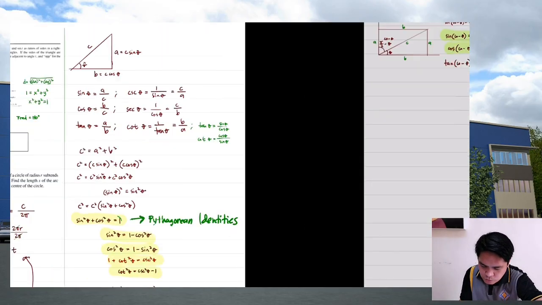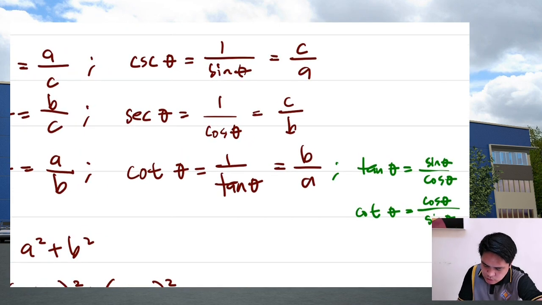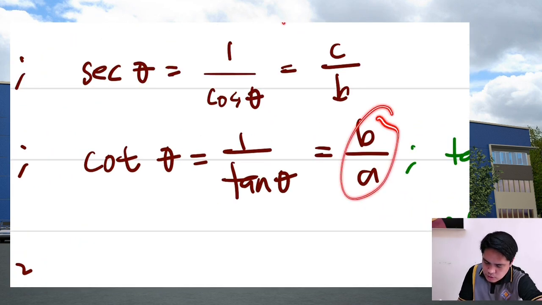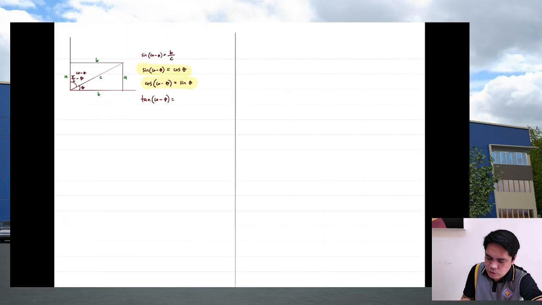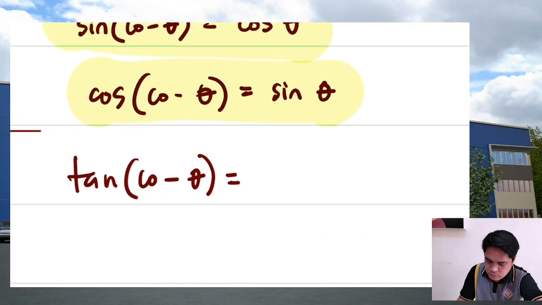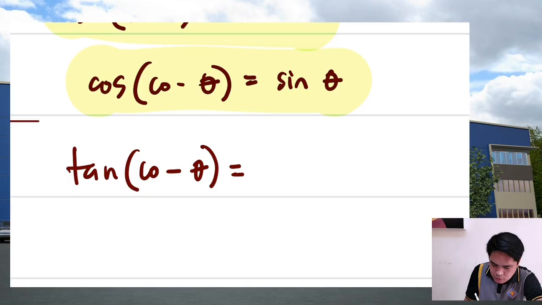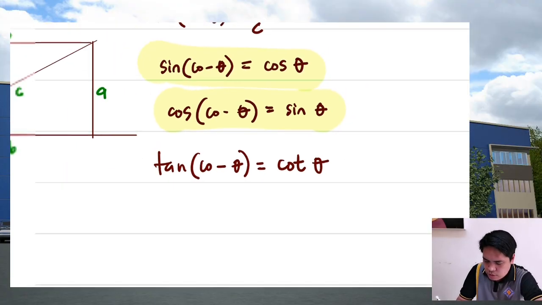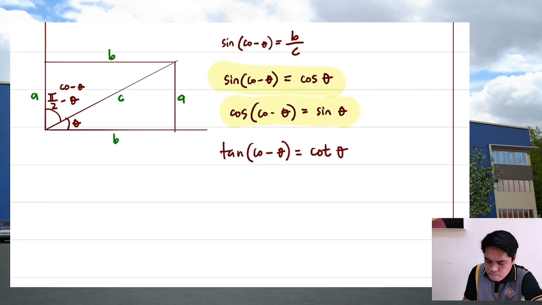B over A is cotangent. Ayan. Or, eto na lang. Madali lang naman tingnan, no? The tangent of the complement of theta is cotangent theta. Ayan. Cotangent theta. So, from there, parang alam na, di ba?